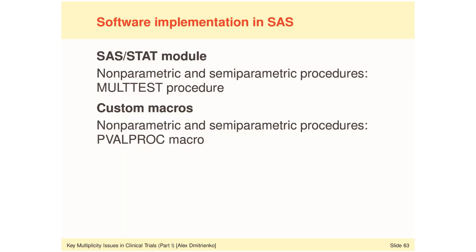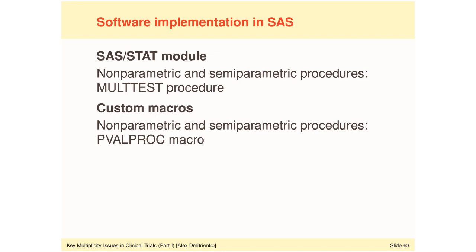Let's begin with the software implementation options in SAS. The available options include SAS procedures, mainly PROC MULTTEST. PROC MULTTEST supports a number of popular non-parametric as well as semi-parametric procedures, mostly those procedures that we introduced in this module, but I would like to say that it was originally designed to implement resampling-based adjustments.